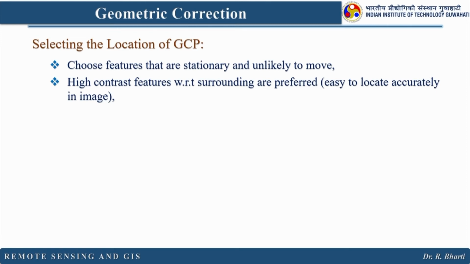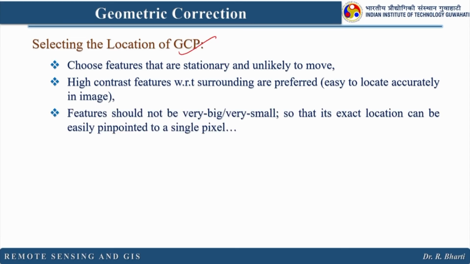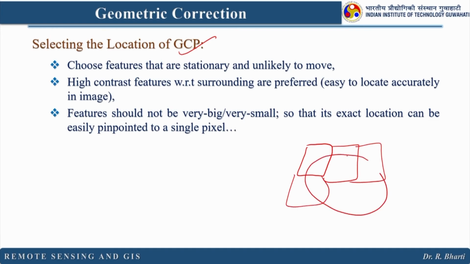Features should not be very big or very small, right? Why? Because if it is very big, the whole image will be covered by that particular object only. But if it is very small, it should still be identifiable in multiples of pixels, then only you will be able to find the corners.